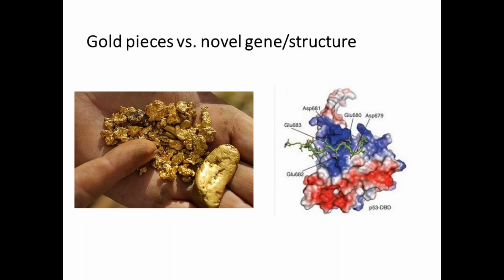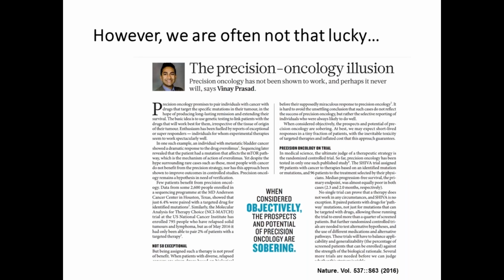And I think to a lot of you familiar with protein biochemistry, immunology, those specific genes or proteins are what you're after, right? So you got those, you think you can solve the problem. However, the picture is not that rosy. In Nature last year, there's a very pessimistic editorial article published about the lack of confidence for precision oncology.